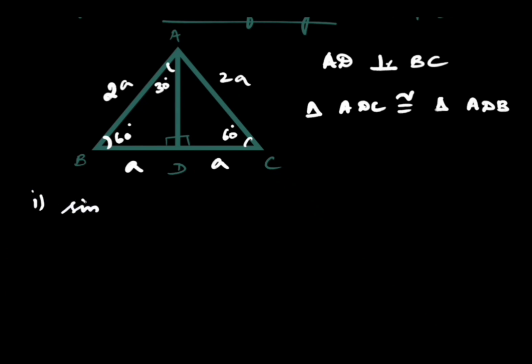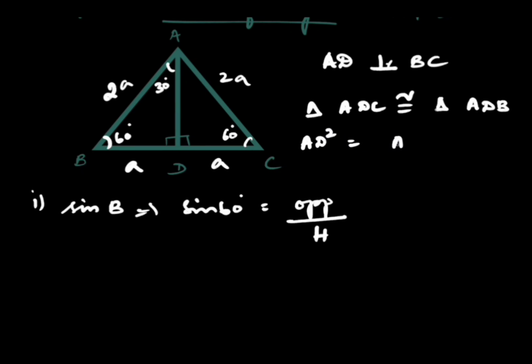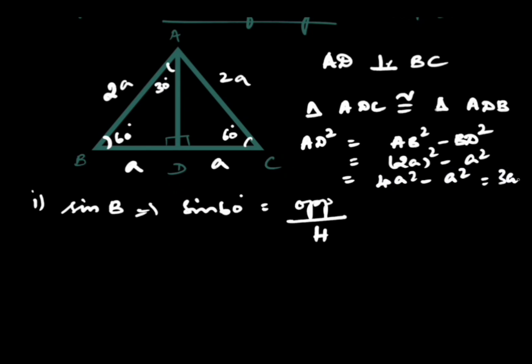Sin B, that is sin 60 degree, is equal to opposite by hypotenuse. Before that, we have to know the size of AD. By using Pythagoras theorem, AD square is equal to AB square minus BD square, which is equal to 2A the whole square minus A square, which is equal to 4A square minus A square is equal to 3A square, which in turn gives AD is equal to root 3A.